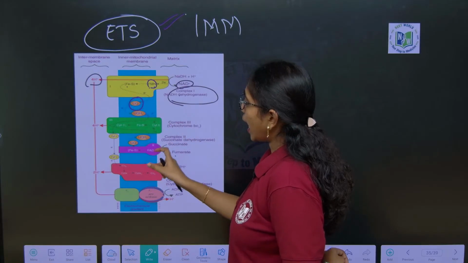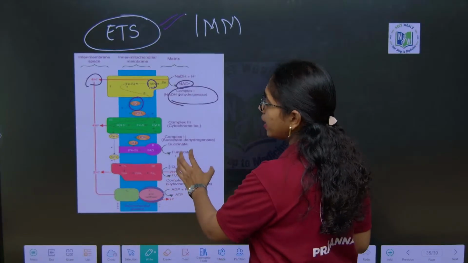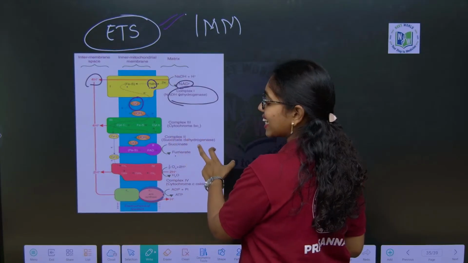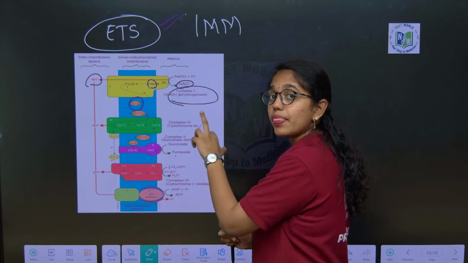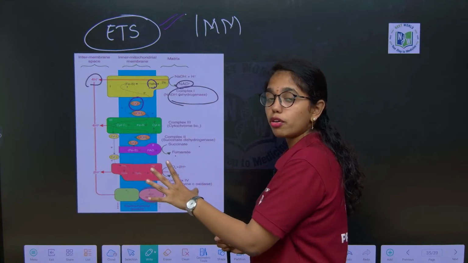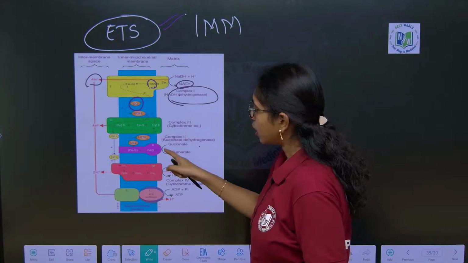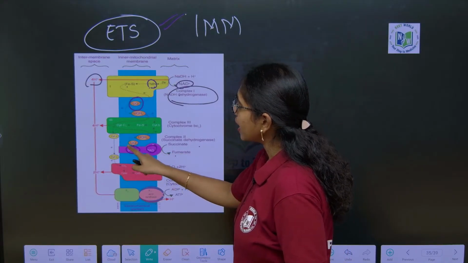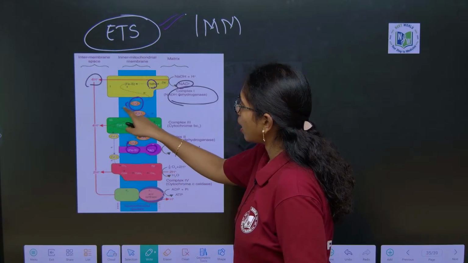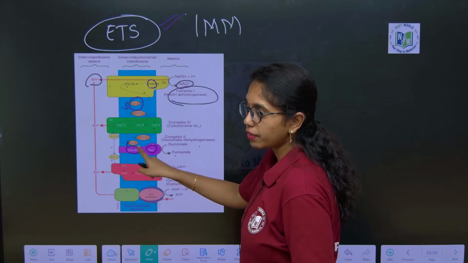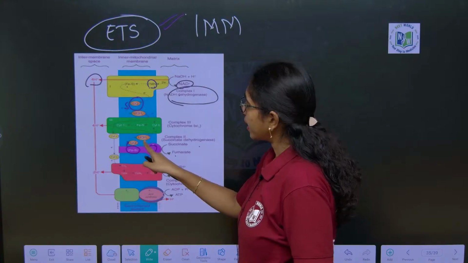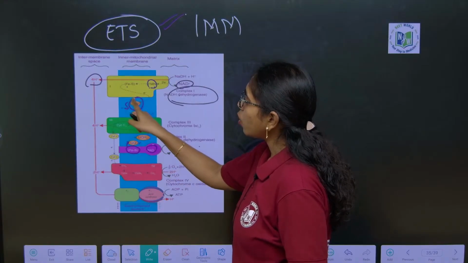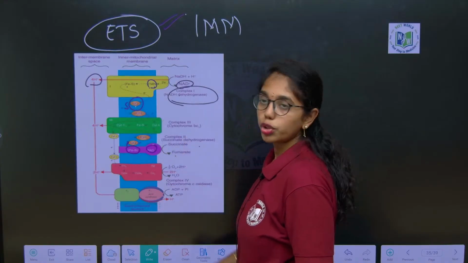Next, electrons are carried from complex 2, succinate dehydrogenase, where FADH2 is dehydrogenated to FAD. Here FAD to iron sulfur complex, and electrons are given to the mobile electron carrier, ubiquinone. Here only electrons are given to ubiquinone.